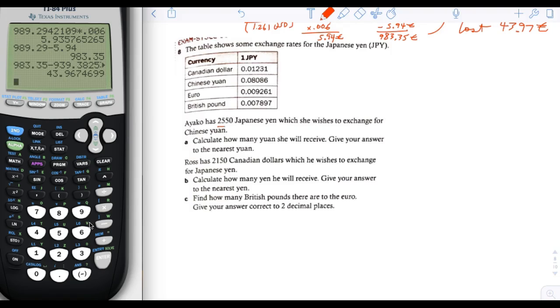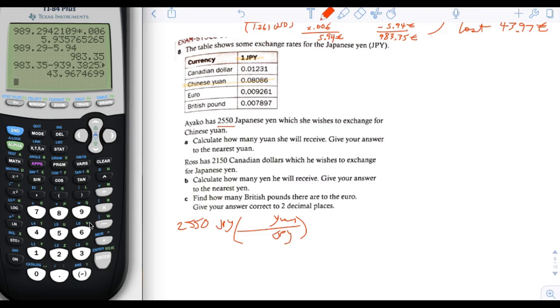Ayako has 2,550 Japanese yen, which she wishes to exchange for Chinese yuan. So we'll take 2,550 Japanese yen, and we're going to multiply it times a domino with Japanese yen on the bottom and Chinese yuan on top. So let's see which exchange rate that is. It would be this one, right?